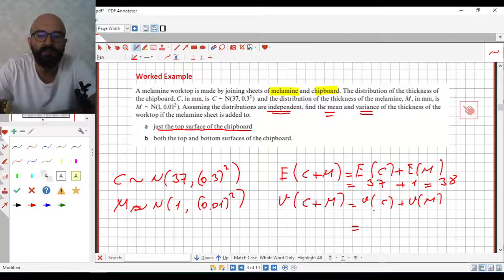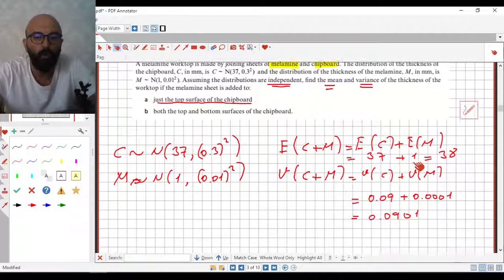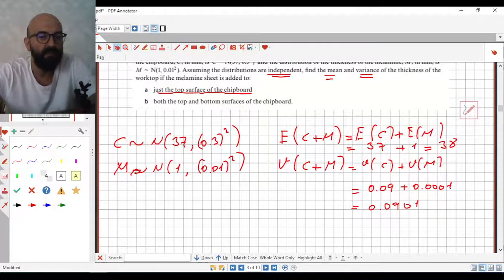The variance of C is 0.09 and of M is 0.0001, so it means 0.0901. This is the variance for only the top surface chipboard.